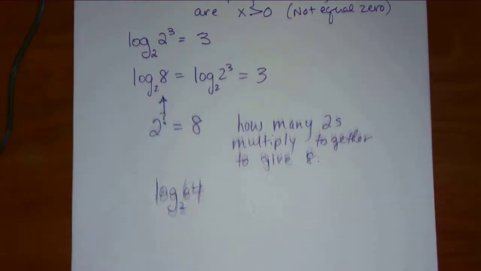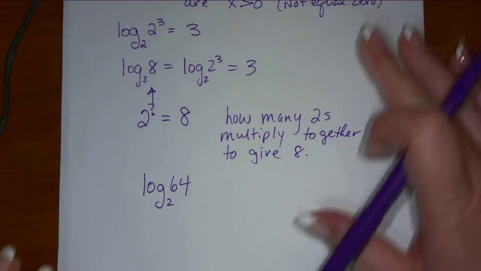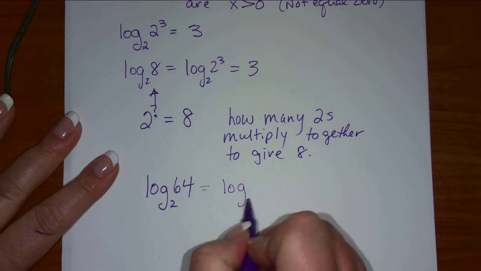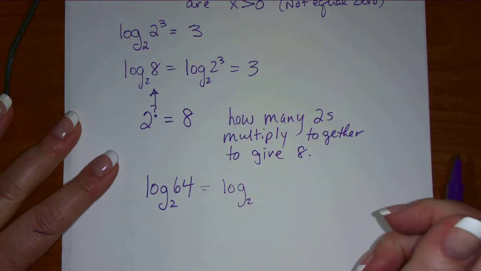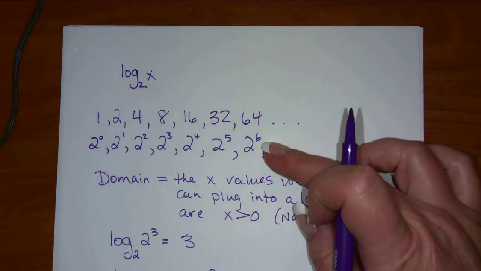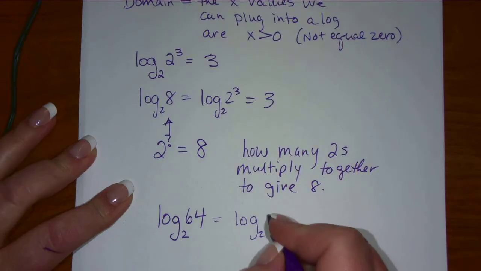So it is. How many 2's give us 64? 6. So what's the answer? 6. That's it.